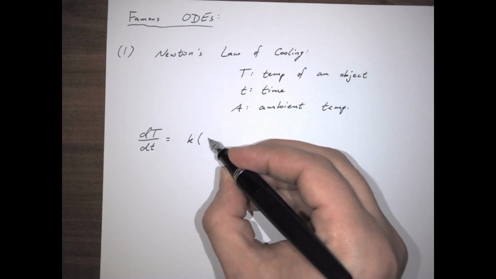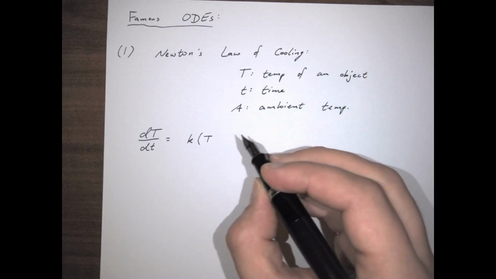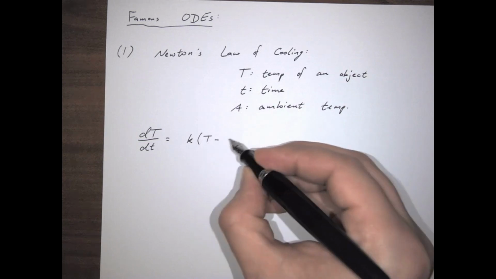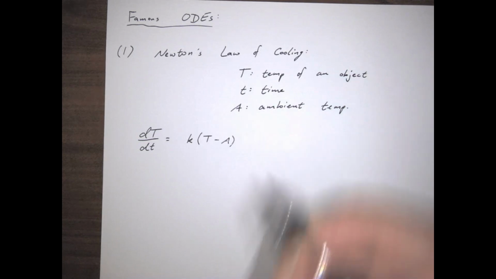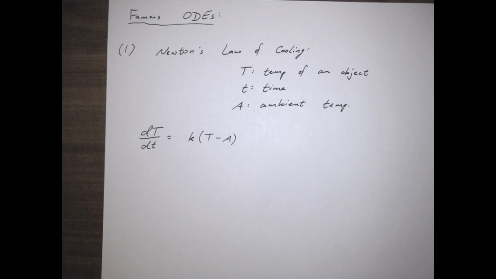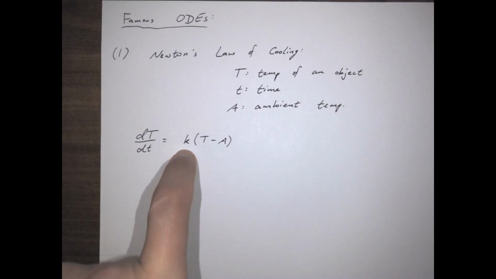So it's proportional to the difference between the temperature of the object and the surroundings. So T minus A. Now, because the temperature is always approaching it, that means that when T is greater than A, then the temperature will be decreasing, and when it's less than A, it should be increasing. So that means that actually this constant here should be negative.